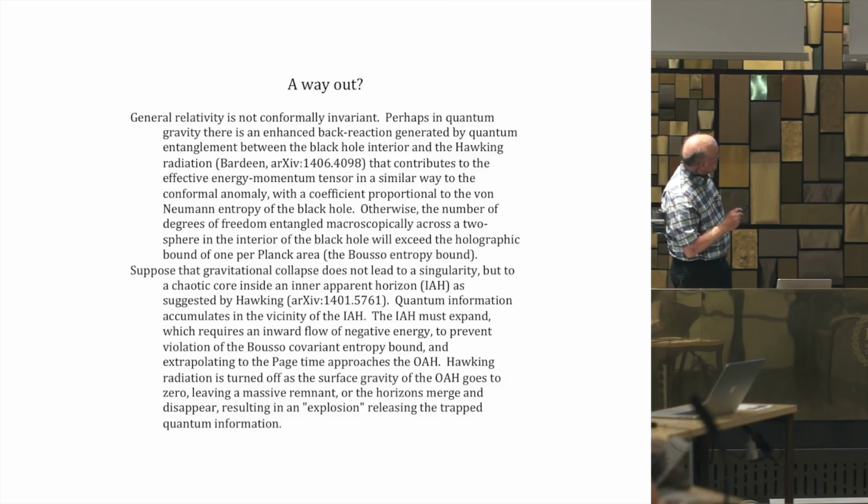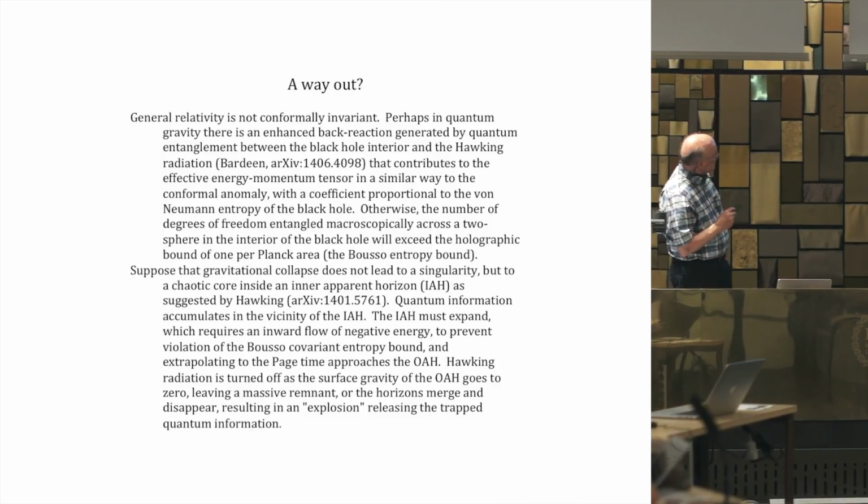But the basic idea then is I'm assuming that the gravitational collapse does not lead to a singularity, but some chaotic core inside an inner apparent horizon, as suggested by Hawking in a paper a year and a half ago. And quantum information accumulates there. Then if you enforce the Rousso covariant entropy bound, that area must increase, which means the radius has to increase.